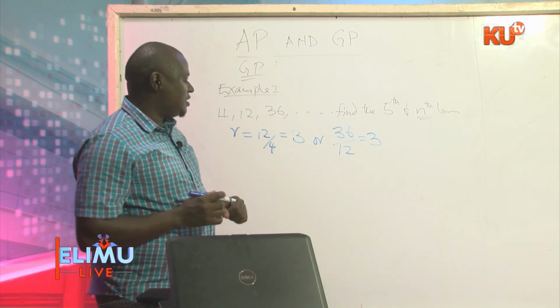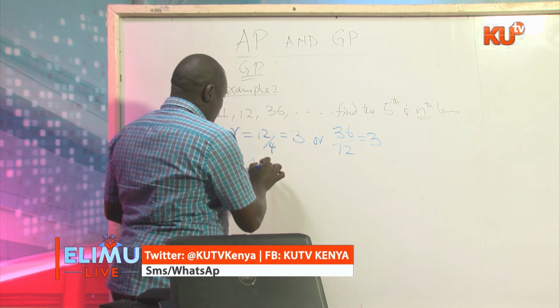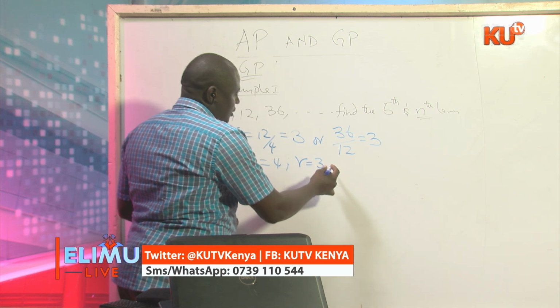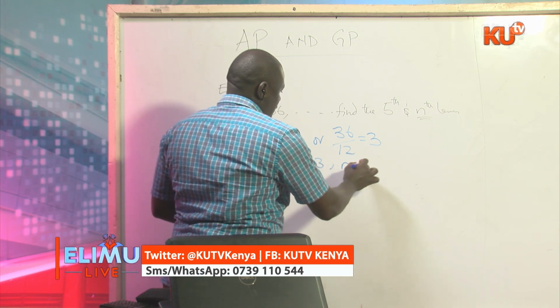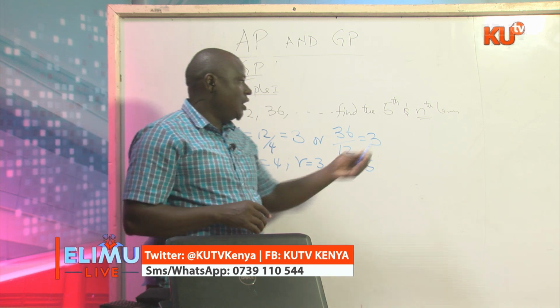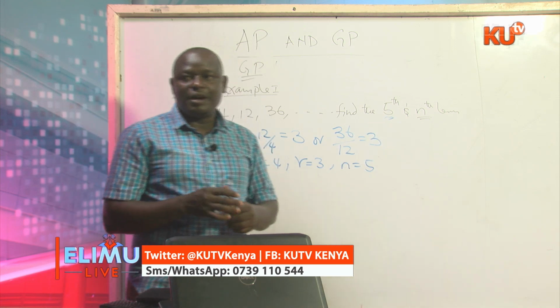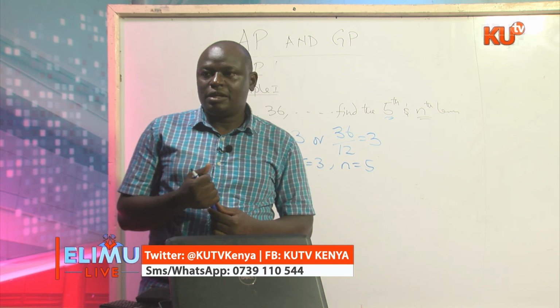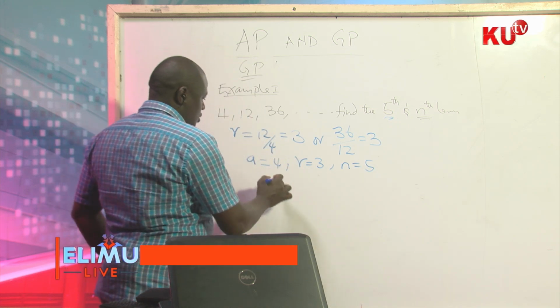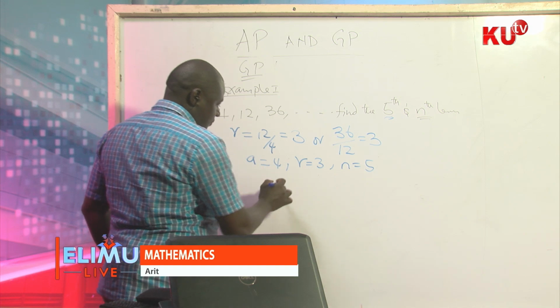If we have R as 3, our A is 4, our R is 3, and we want n as 5. So what is the 5th term? Our 5th term will be given by A, R raised to power n minus 1. In that case, that is 3.